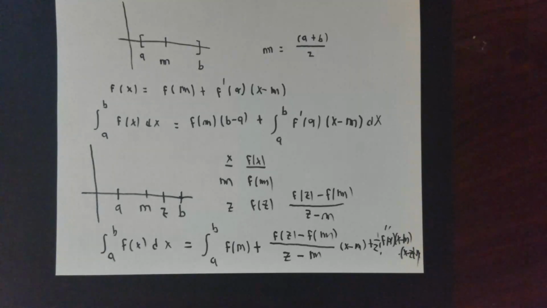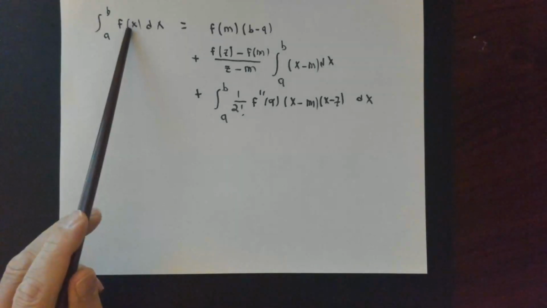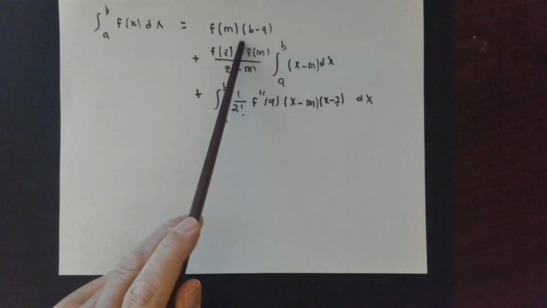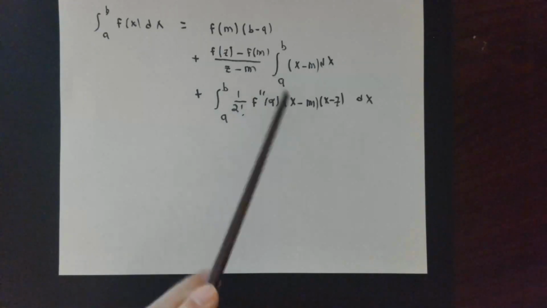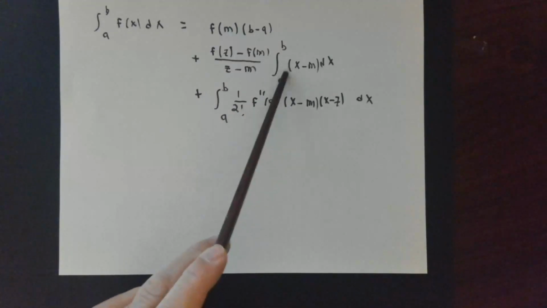We put the z in the hopes of getting a more accurate method. We're going to be surprised by what happens here. Writing that out a little bit more clearly, the actual value of the integral is the midpoint approximation plus the correction that gives me my new and improved method, plus this error term.